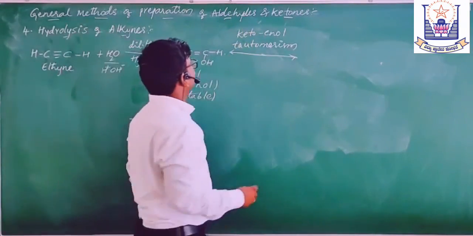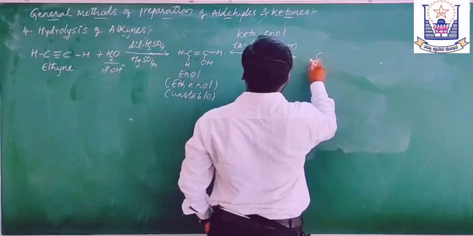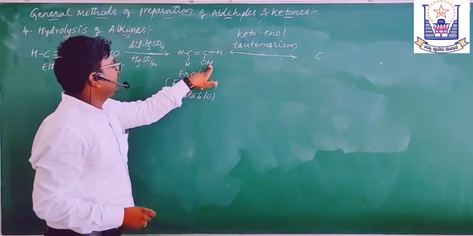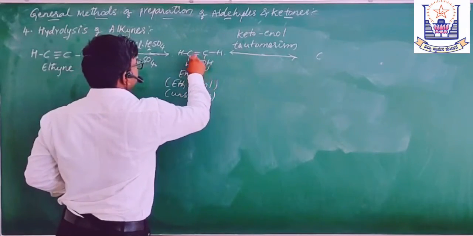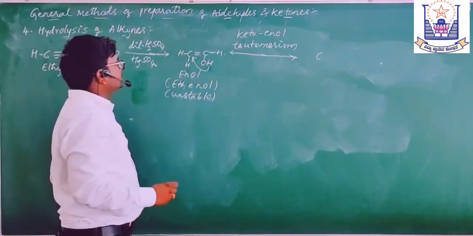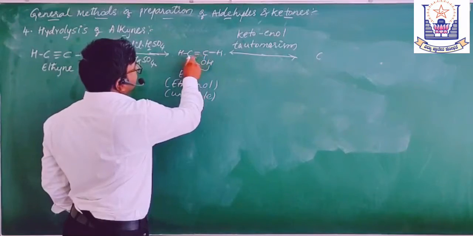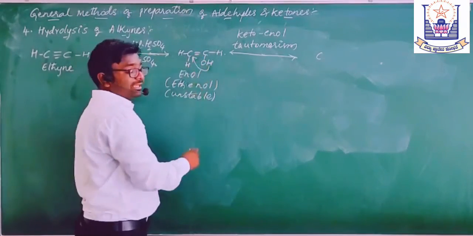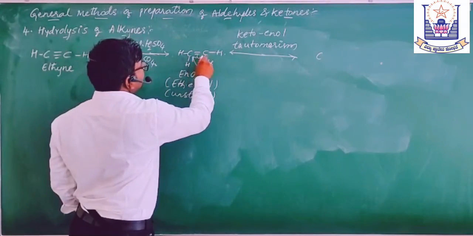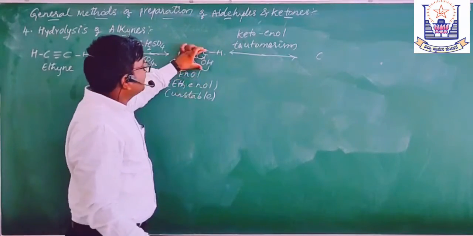The hydrogen of the OH will shift to this carbon. This carbon already has 4 bonds, so when this hydrogen attacks, the pi bond shifts, and it becomes a C double bond O.